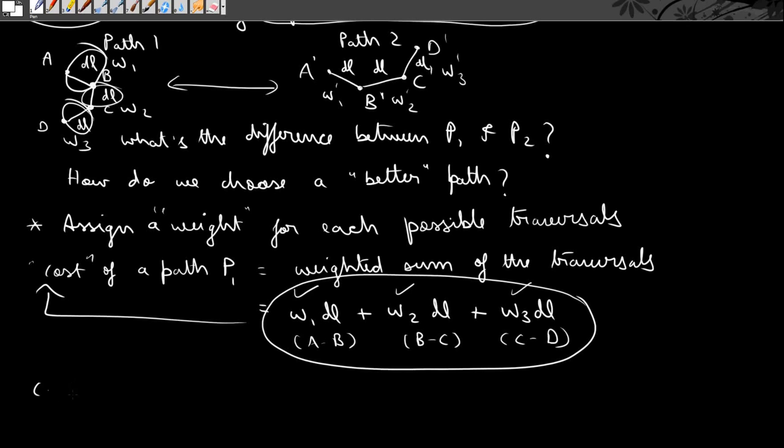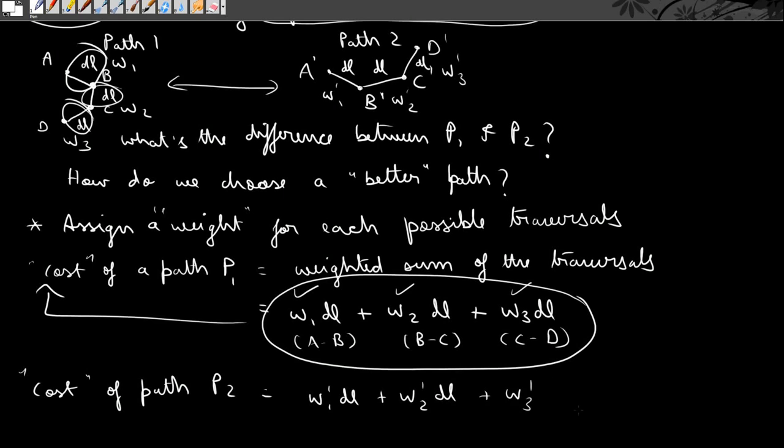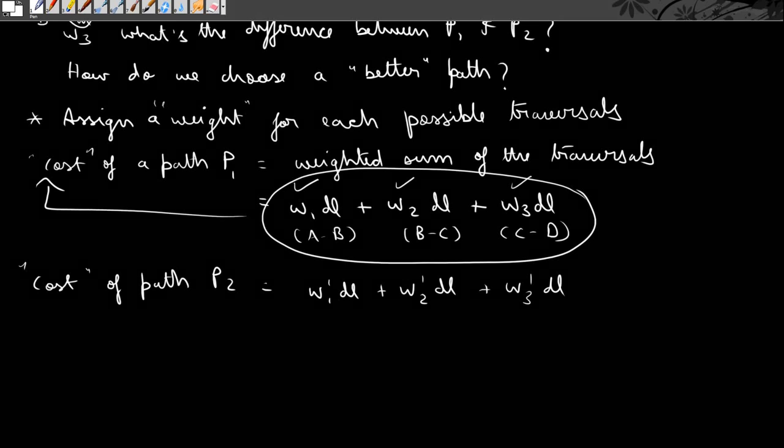Similarly, the cost of path P2 is given by W1 dash dl plus W2 dash dl plus W3 dash dl. Now we have a way of saying which path is more preferable to the ball.